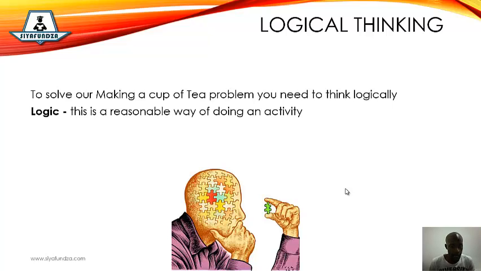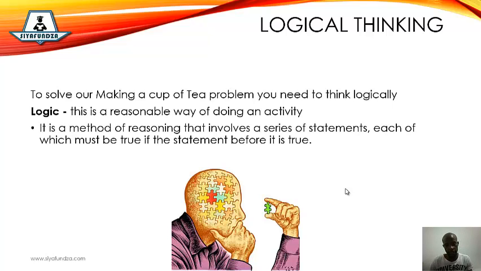So it's like doing an activity the right way, right? It goes on to say, it is a method of reasoning that involves a series of statements. For us, in our case, the statements are our steps or our instructions, each of which must be true if the statement before is true.